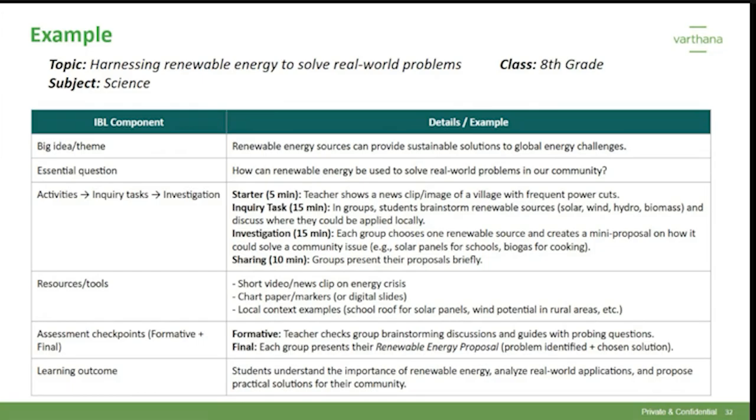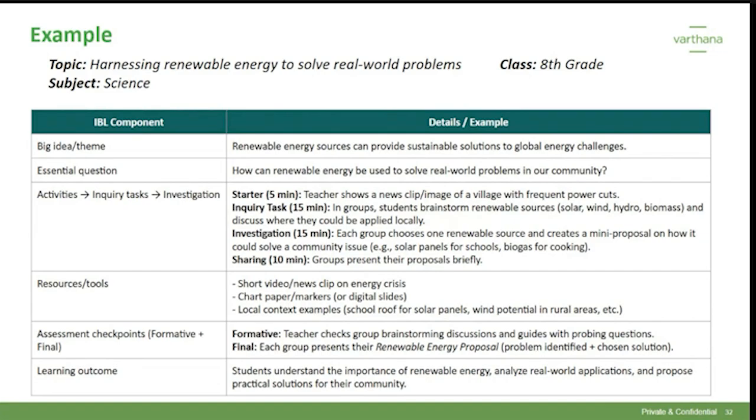Then the assessment checkpoints for the students: you are using a rubric for brainstorming, and providing comprehensive feedback to the students, a kind of review. Then the learning outcome is that students will be able to understand that renewable energy resources are very important and how we can use them to provide practical solutions to the community.